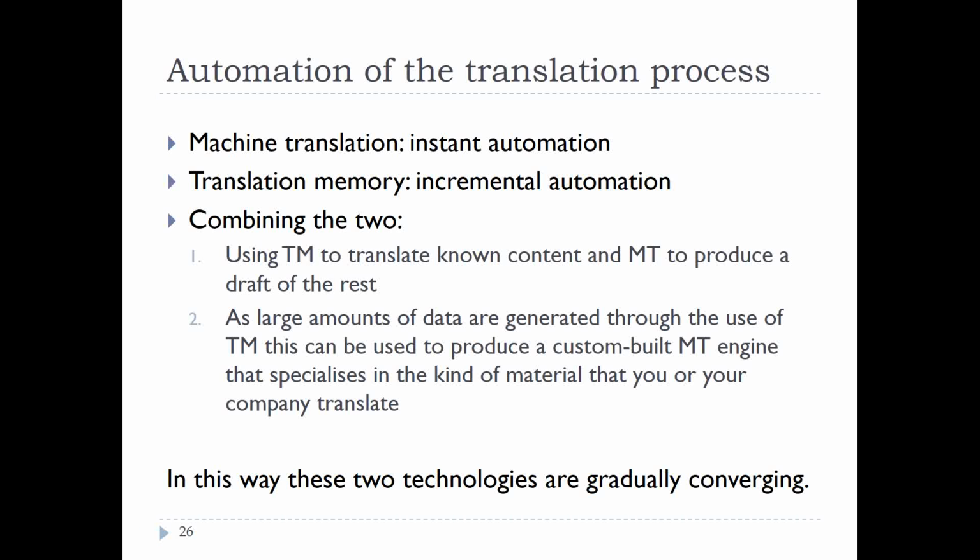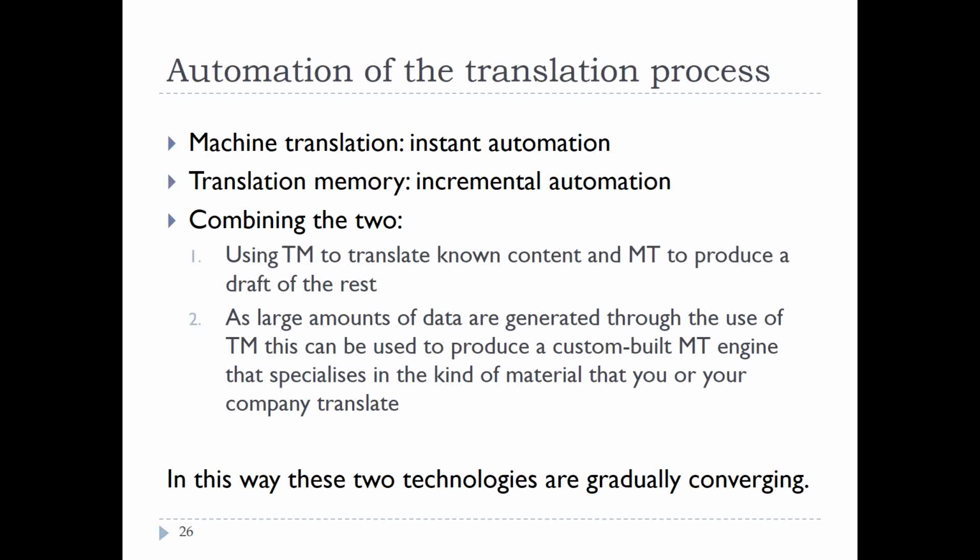The whole point of translation technology is to automate the translation process, and this is possible in a number of different ways. Machine translation, of course, provides instant automation, whereas the use of translation memory provides a constantly increasing level of automation.